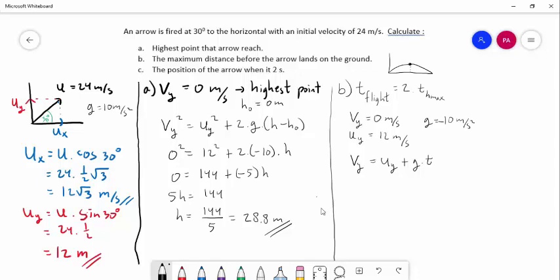This one is 0, and this one is the time to maximum height. Then we get 10 t equals 12, so the time to reach the maximum height is 12 per 10, equal to 1.2 seconds.